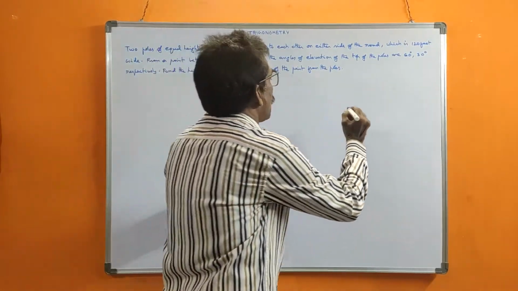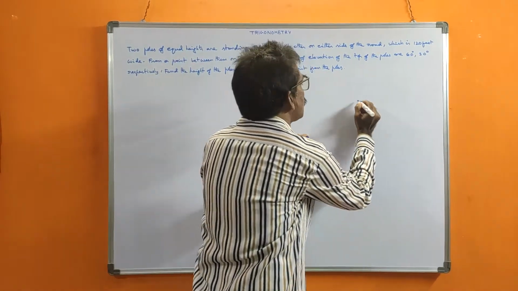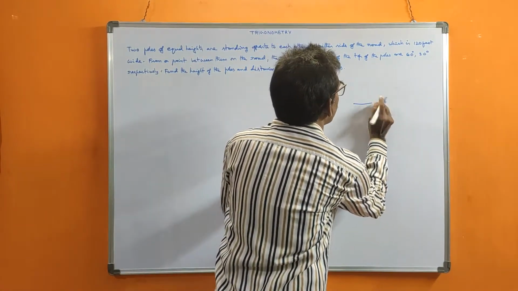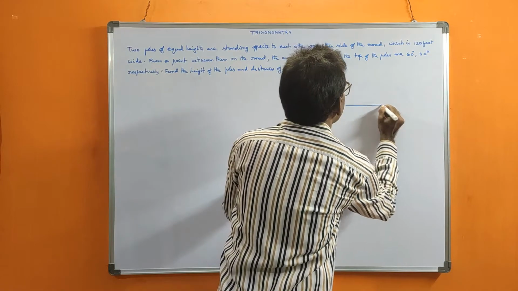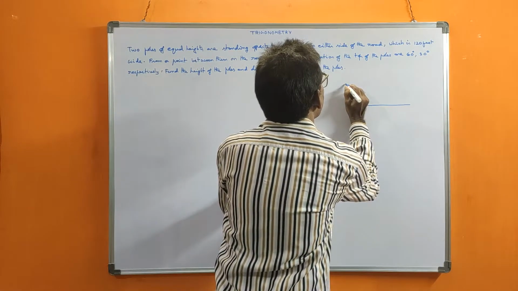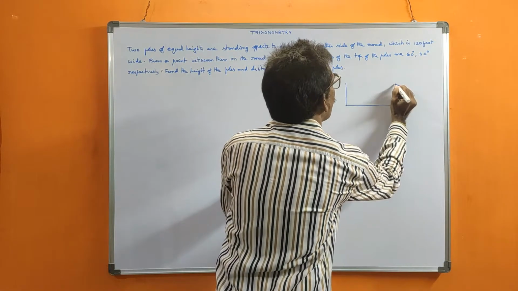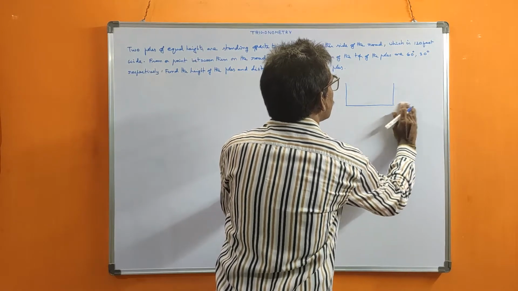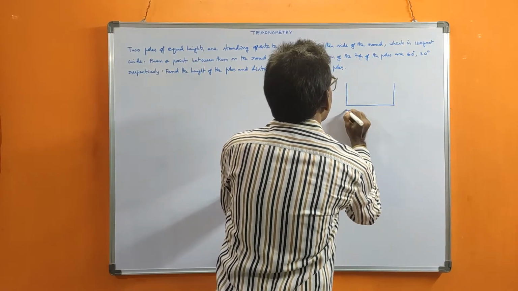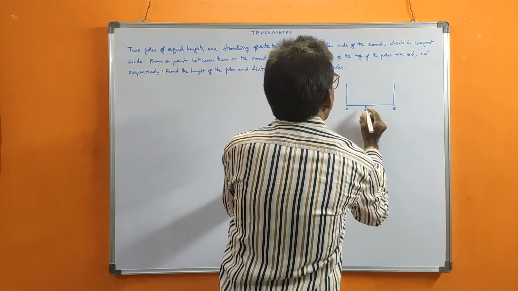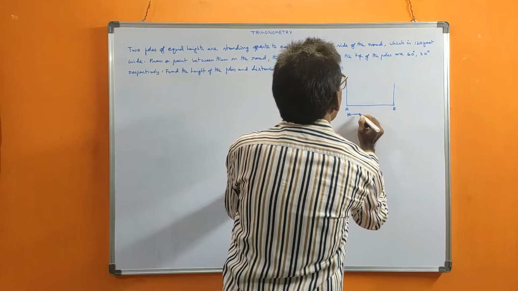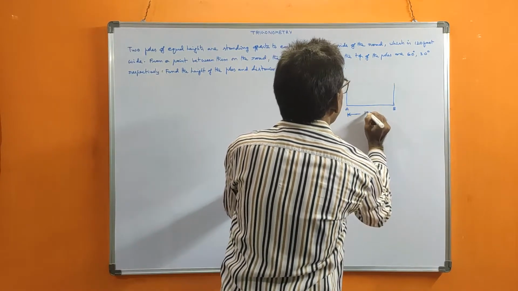First, as usual, draw the diagram. First you draw the baseline, like this. So AB is the road. The width he gave is 120 feet.